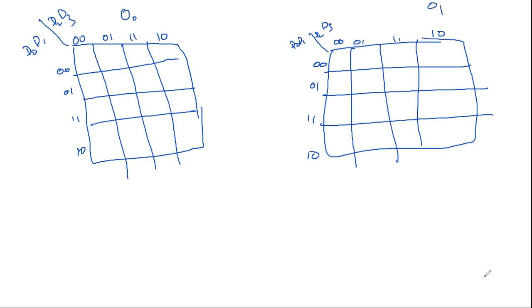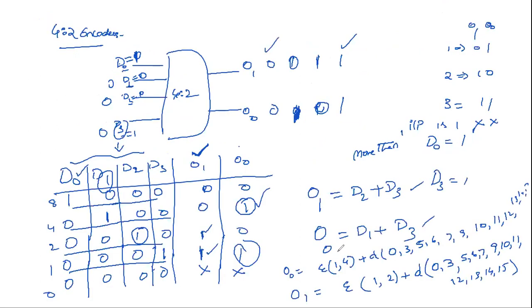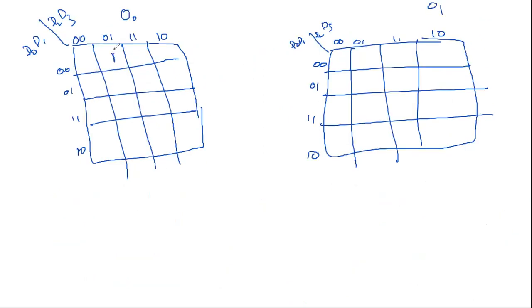For O0, where do ones occur? 1 and 4. This is 1. This is 4. Zeros occur at 2 and 8. Remaining all are don't cares, right? Now I am considering don't cares as 1, so that we get this one as an octet and this one as an octet. The expression of this octet, the common one is 1, that is D3.